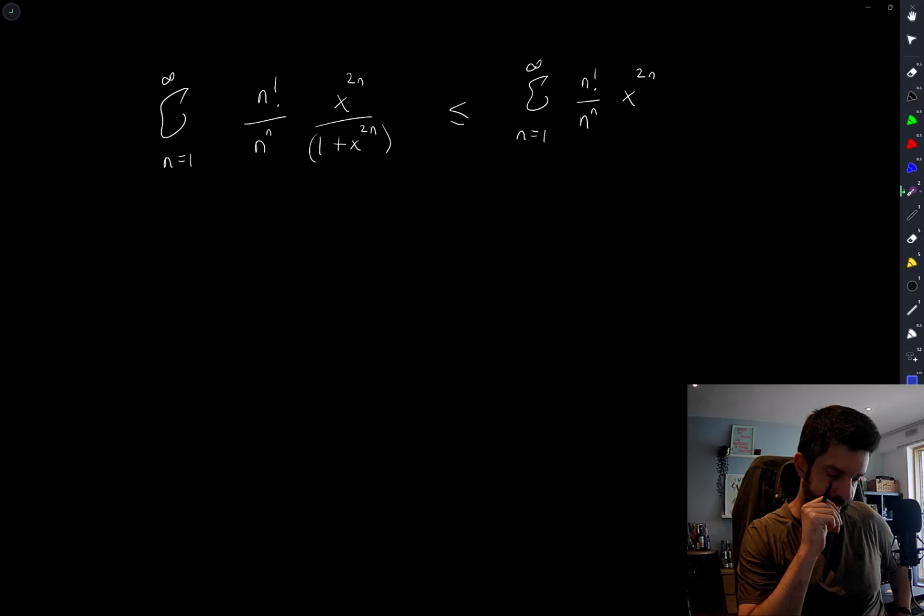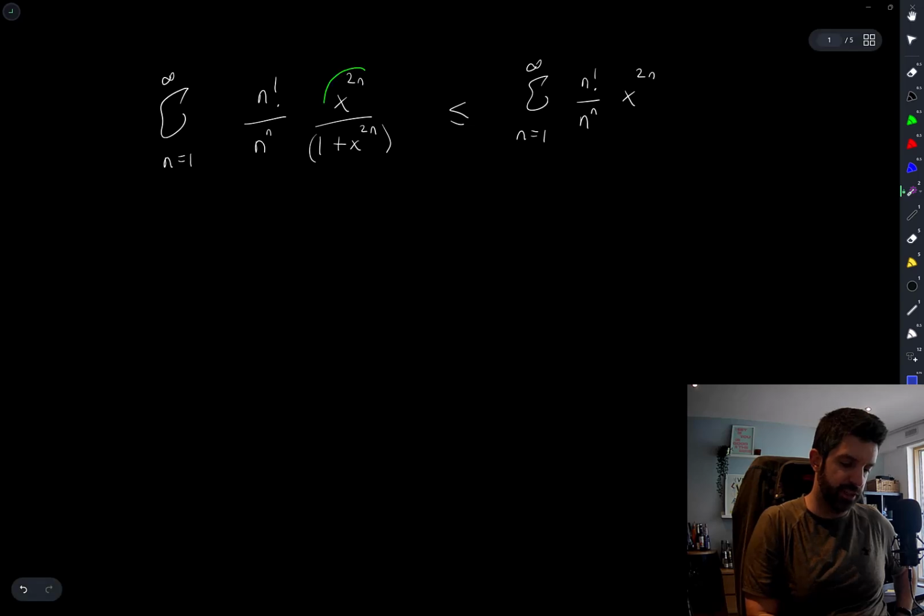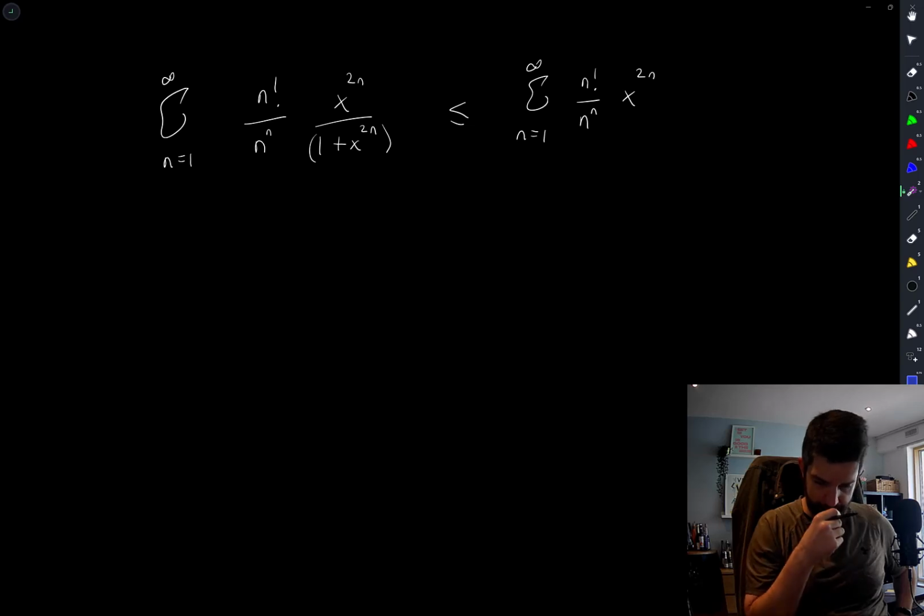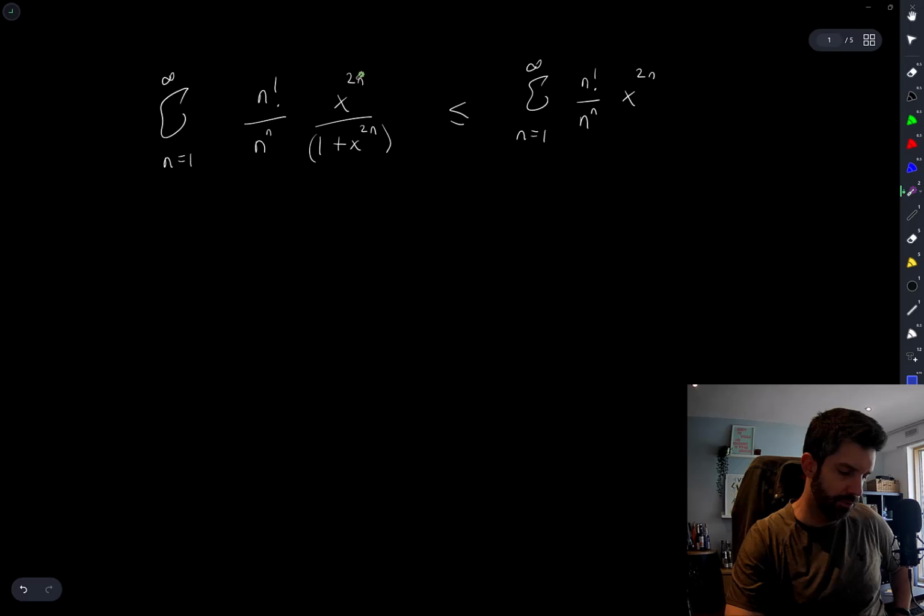And if I have a value of x, say, between 0 and 1, this decays exponentially. If it's between 0 and 1, this gets smaller exponentially. If I ignore this denominator completely, it grows a lot faster than this.